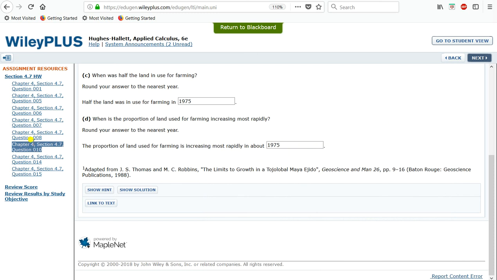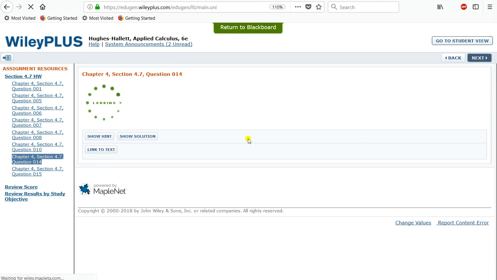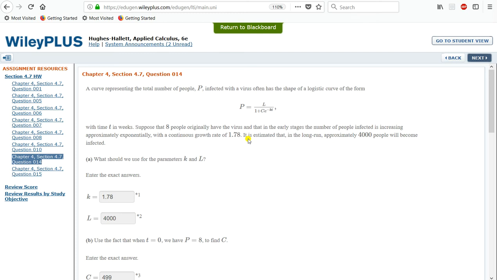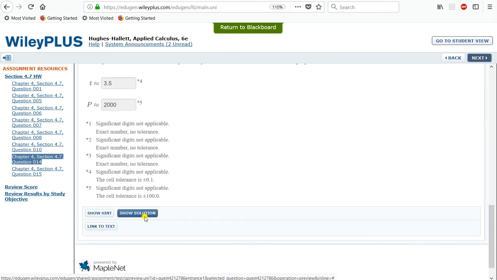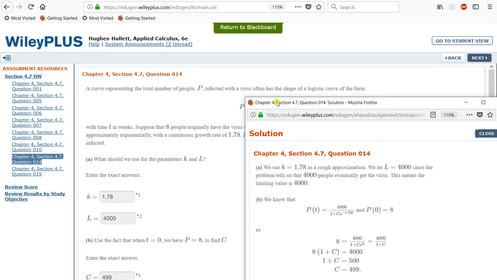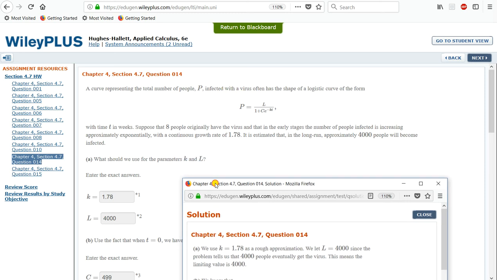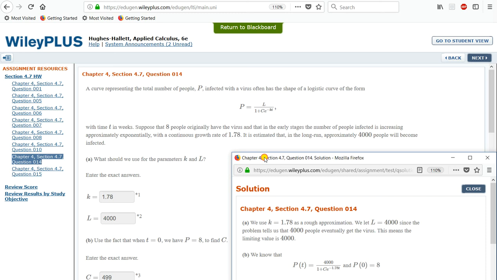The next one is 14, which is here. So the first thing is you are getting the curve for the total number of people P infected with a virus, with the time T in weeks.